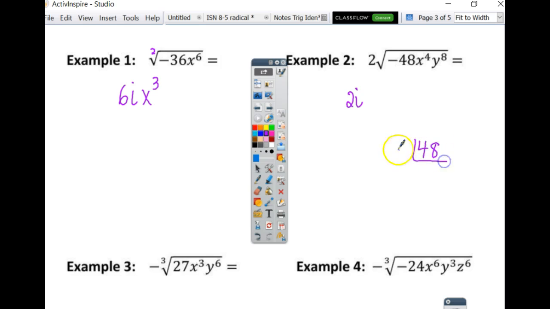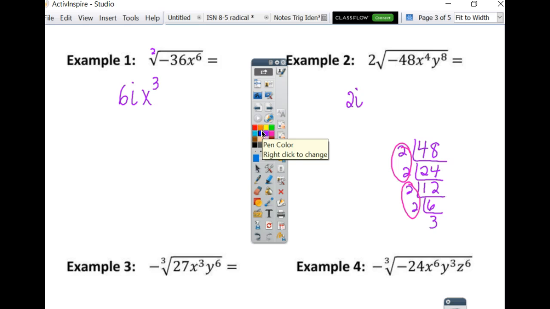48. And how many partners do I have? So I have 2 times 2, so that's 4, right? So I'm going to add times of 4. And then I have x to the 4th.